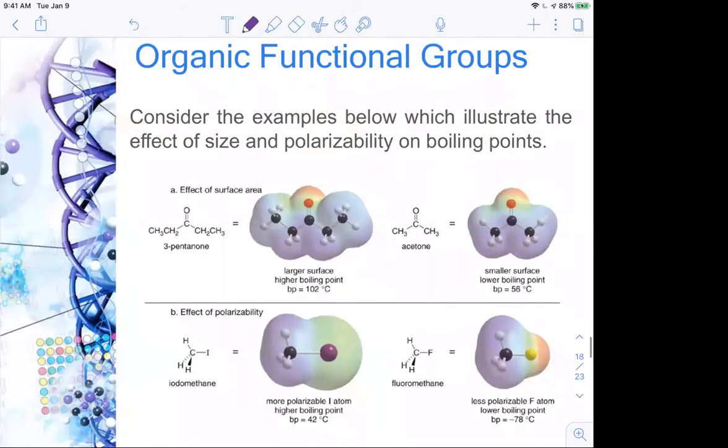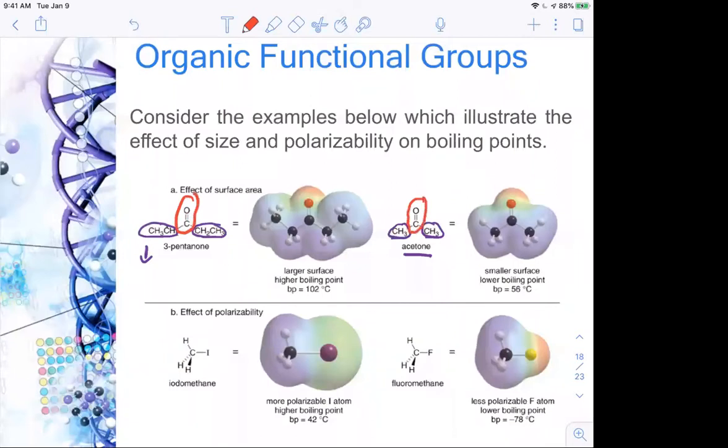So these examples illustrate those two points. If I have acetone, I have a very small nonpolar piece here. Here, I have a larger nonpolar piece. They both have a carbonyl, so this is in common.